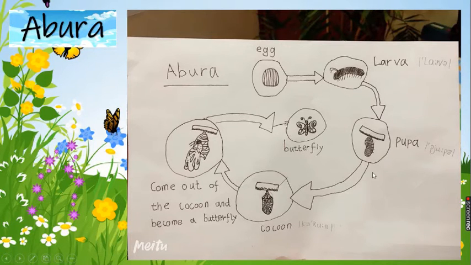There's the cocoon right here, so the inside is the pupa, and comes out of the cocoon and become a butterfly. So it will stay there for several days, and it's gonna turn into a butterfly inside. And here, when it comes out of the cocoon, it becomes a beautiful butterfly, which soon will also lay eggs that will continue the cycle. Lovely, lovely illustration, Abura. Thank you.